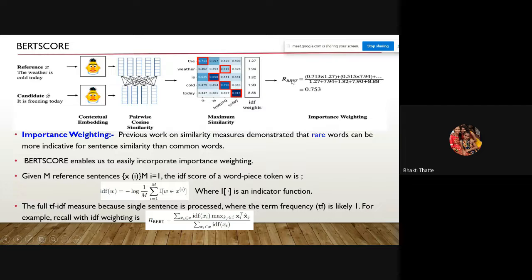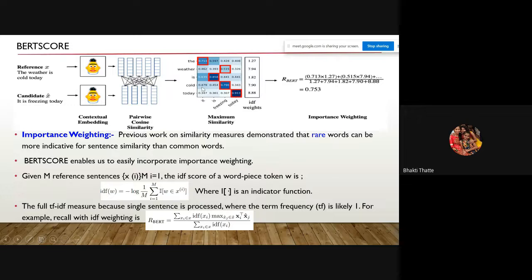This is how the calculation works. Looking at the similarity matrix, the reference sentence is "the weather is cold today", which is on the y-axis, and the candidate sentence is "it is freezing today", which is on the x-axis. Greedy match gives us the maximum matching. "It" has a maximum matching of 0.73.